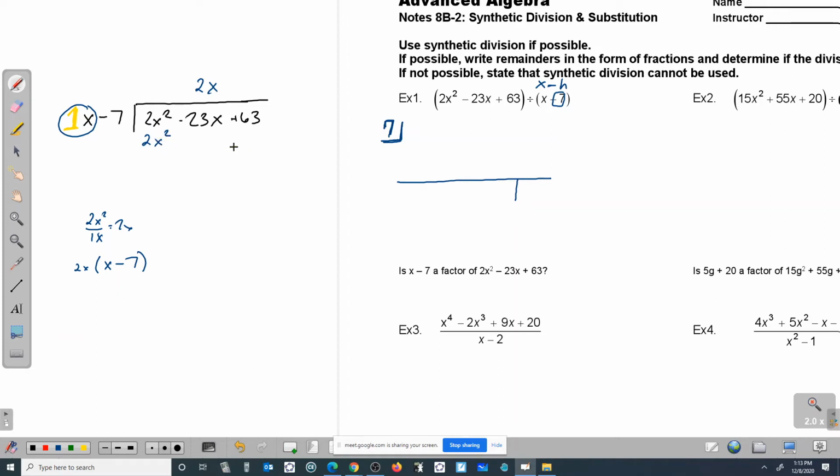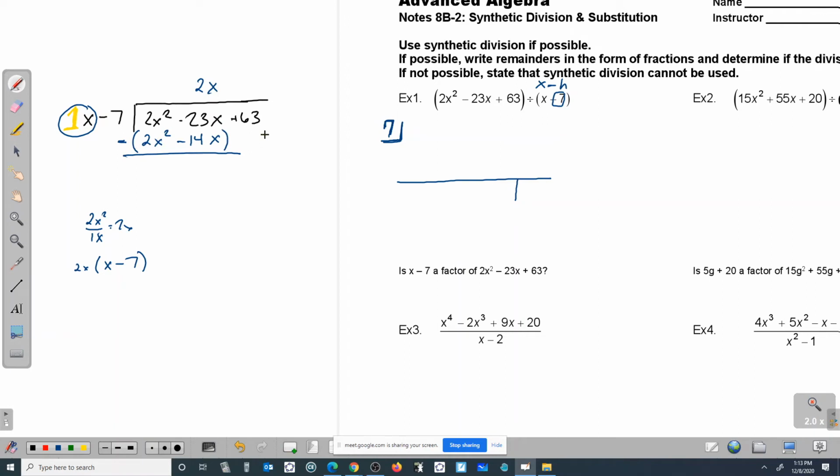The whole reason we put this number here is so that this will cancel out. And we know it's going to cancel out because we're going to force it to cancel out. What we really are interested in is what happens when you go 2x times negative 7 and you get negative 14x. Okay? But then as we know, we actually have to subtract this quantity.